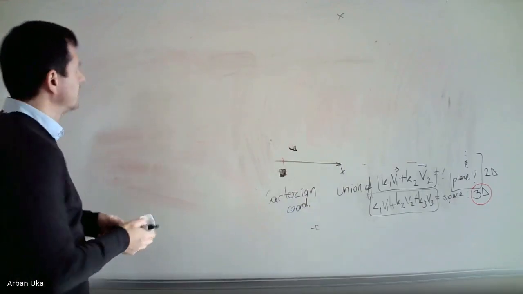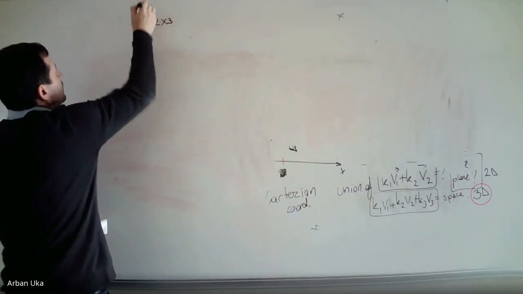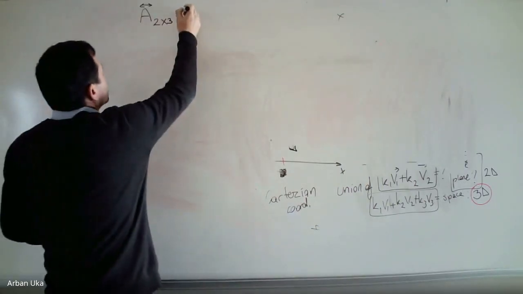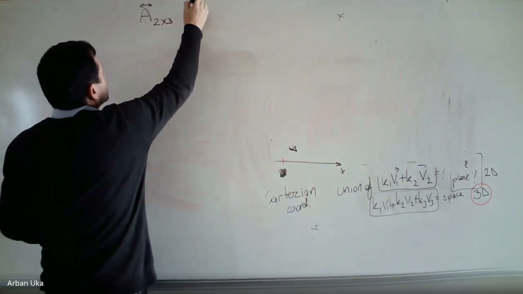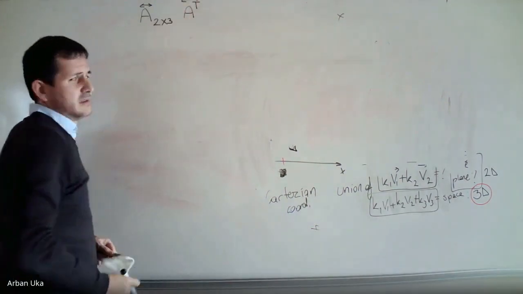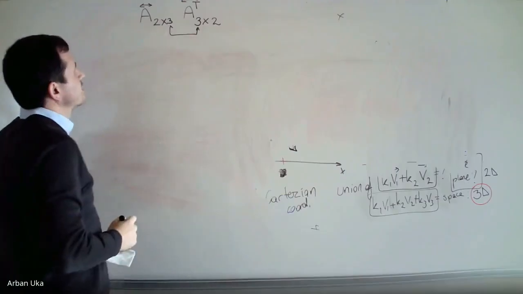Ljum, I want you to be a little active. So imagine that we have a matrix 2 by 3. Can we multiply this with its transpose, A transpose? I believe we can, because the columns of A equal the rows of the transpose of A. Okay, that's good.